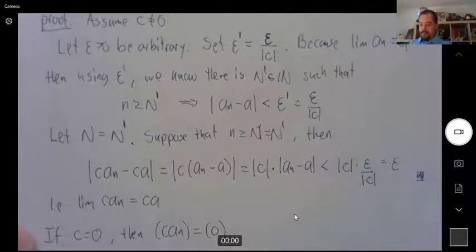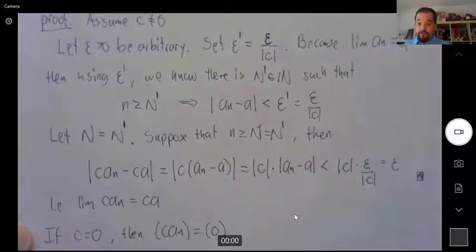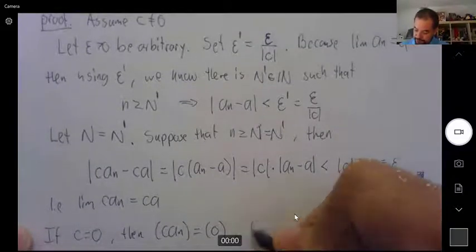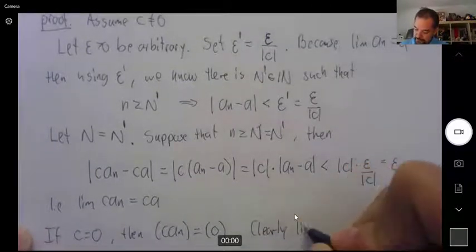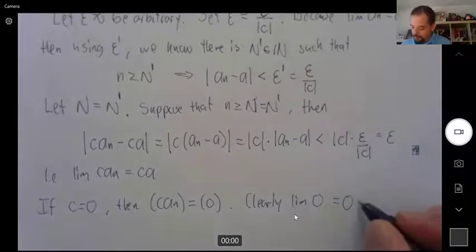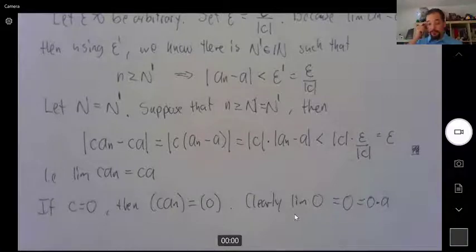And of course, that sequence, a constant sequence, is convergent because it's 0 all the time, and it converges to 0. Clearly, the limit of 0 is 0. So we are done in that case as well. So it works because 0 is 0 times A.